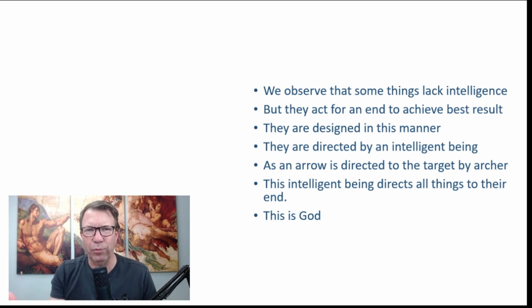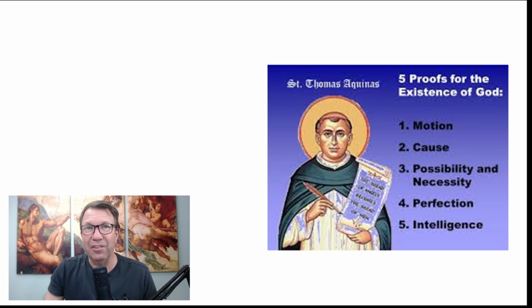They act for the best result, and they are designed in this way. They are being directed by an intelligent being as an arrow is directed to a target by the archer. And he says that if all these non-intelligent creatures are being guided to an end, there must be some intelligence behind it. And he says this intelligence is God.